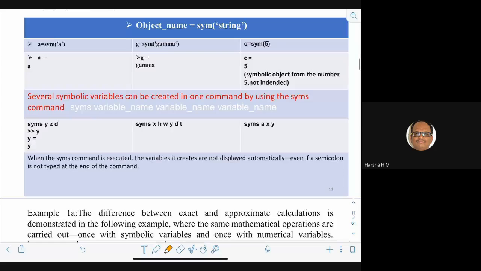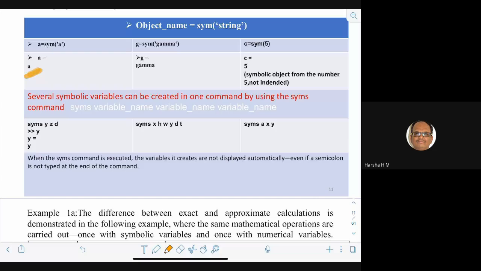Try to look at this example. Those who have facility on MATLAB can just type this command: a is equal to sym of 'a', and remember, this is in quotes. When you enter this in the MATLAB command window, you'll get the display: a is equal to a. Now, what is important is that when you define something as a symbol, the output is not indented, so it will not have any space in the output.